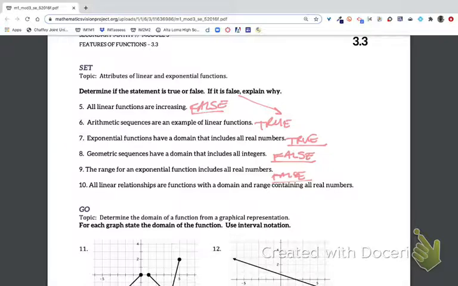Graph some exponential functions and try to figure that one out, where I'm saying that it could be false. All linear relationships are functions with a domain and range containing all real numbers. I will say false here, and I will encourage you to look back at one of the previous lessons where we have a linear relationship that doesn't contain all real numbers.